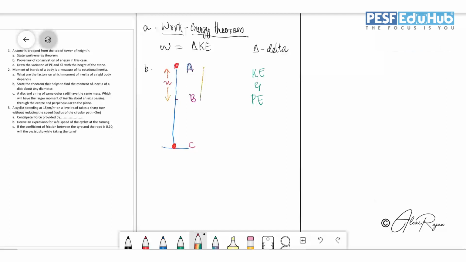The total height is equal to H. So this height will become what? Total minus x, that is H minus x.